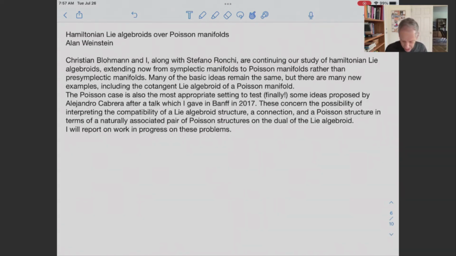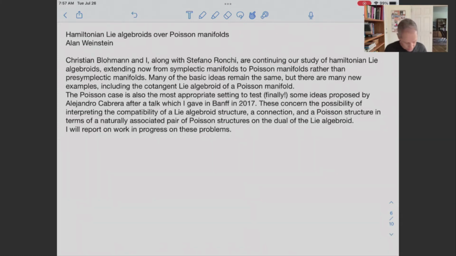And a part of it, as I said in the abstract, was motivated by some remarks that Alejandro Cabrera made 5 years ago at a talk I gave at a conference in Banff. And I will go into some detail about that at the end of the talk.